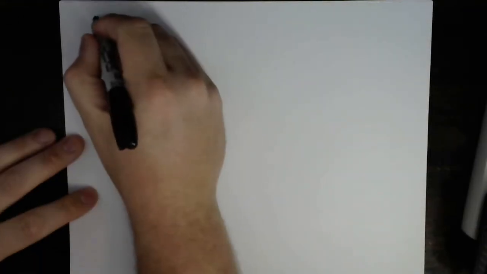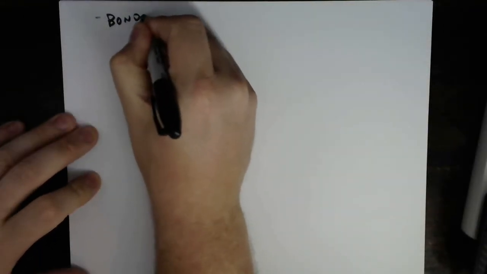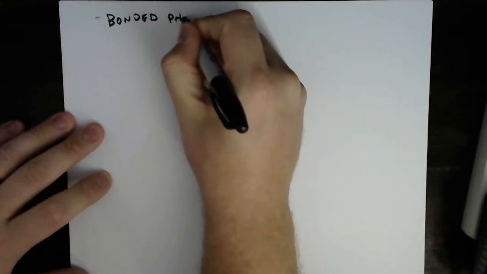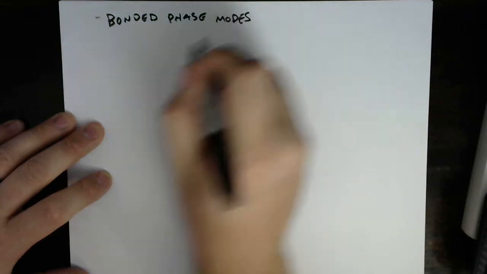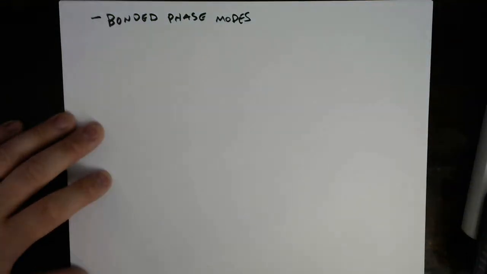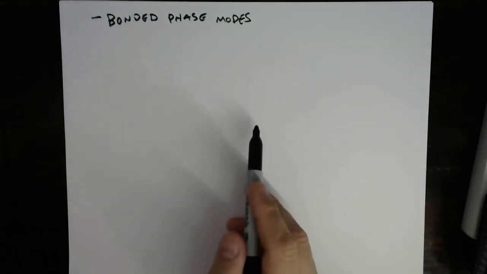Okay, and the last thing we were talking about was bonded phase modes. So to be clear, bonded phase is not a mode itself, but it's a technique that we used to invent basically three different modes of chromatography.